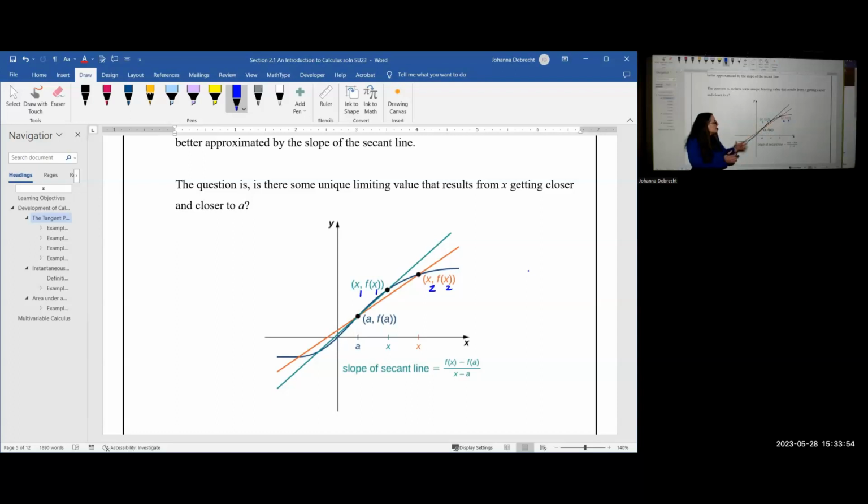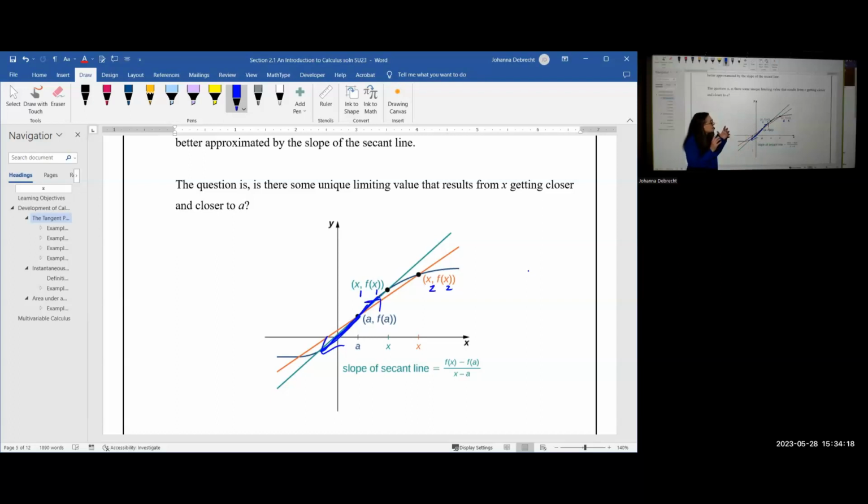And the idea is I want to take points that get closer and closer and closer to A, but I may not ever get to A because maybe it's not defined at A. Right? It is possible it's not even defined there, or maybe it's defined off somewhere else. And what I'm trying to approximate is the slope of the tangent line, which is right there.